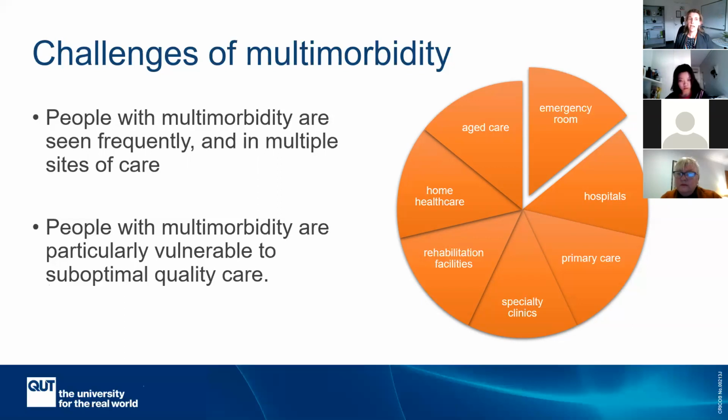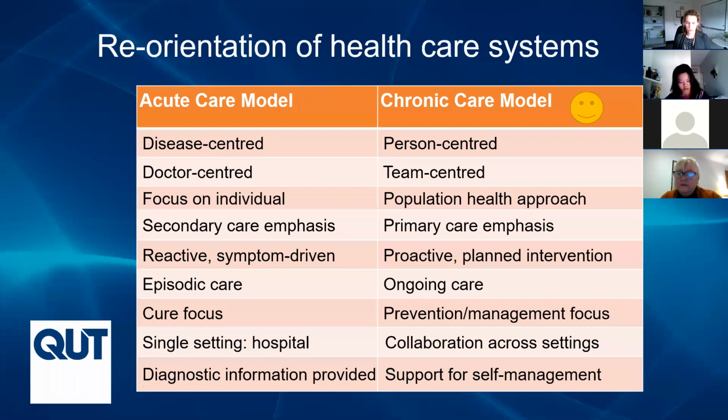So addressing the issues related to complex chronic conditions requires reorientation of healthcare systems. And this is actually a slide from NSN007, so if you've done that particular course, you would have seen this before. In Australia particularly, we do tend to have quite an acute care focused health system.